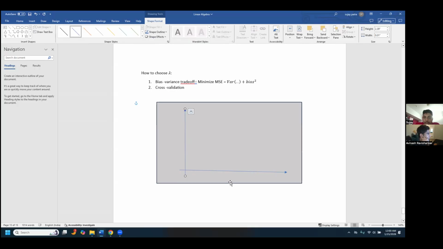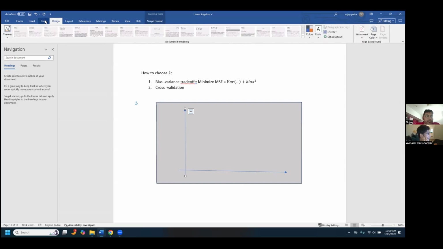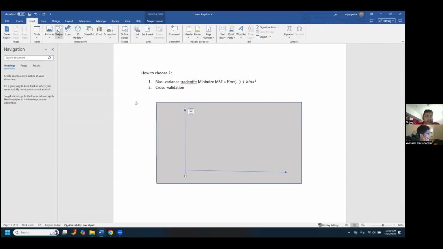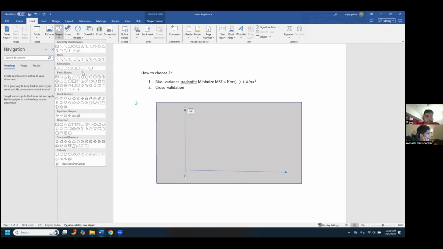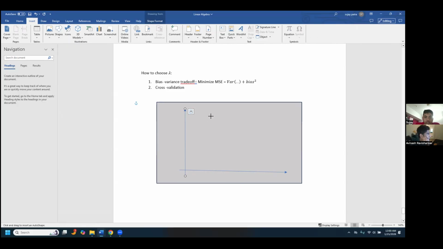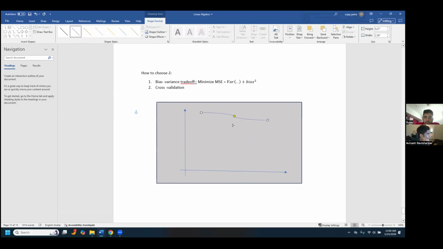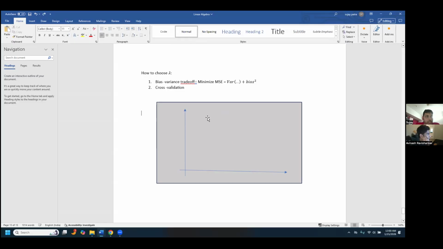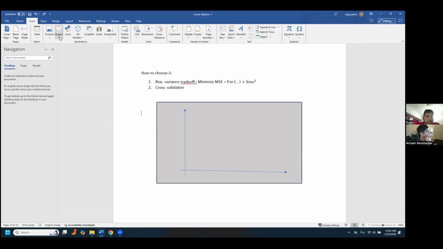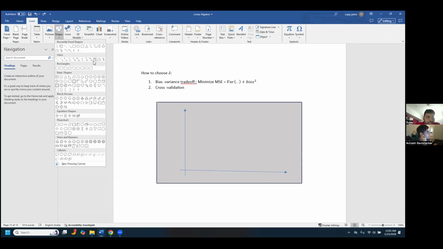So my x-axis is lambda and y-axis is the total error. And then typically what you see is... sorry, I'm really bad with this.